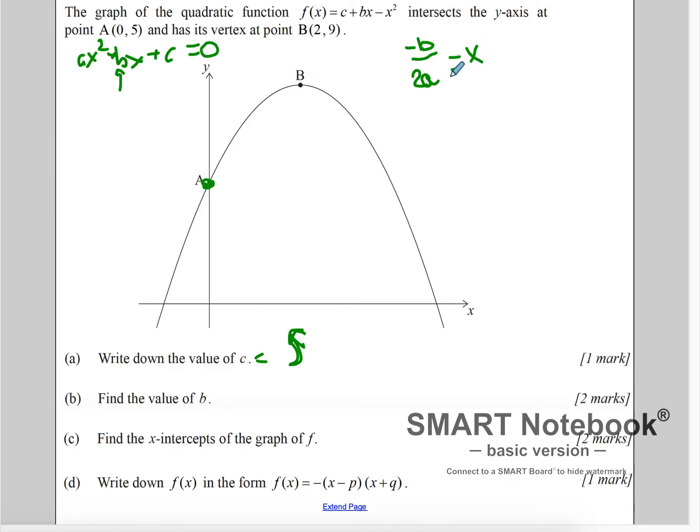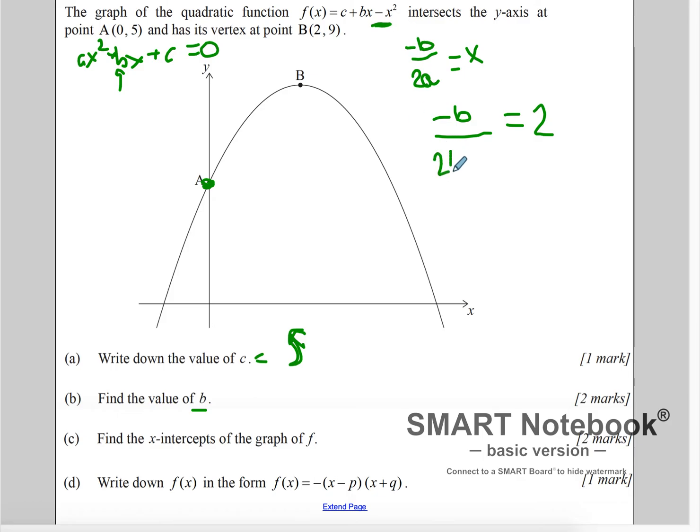We're going to use this to find the axis of symmetry, but really we're going to use it to find the value of b because we have some of these terms already, right? We don't know what b is. We're going to find that. We do know that our point here was (2, 9), so we know our x value is equal to 2, and we know that this is our equation, and our a value is equal to -1.